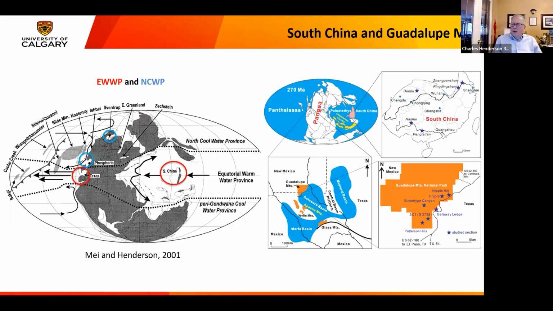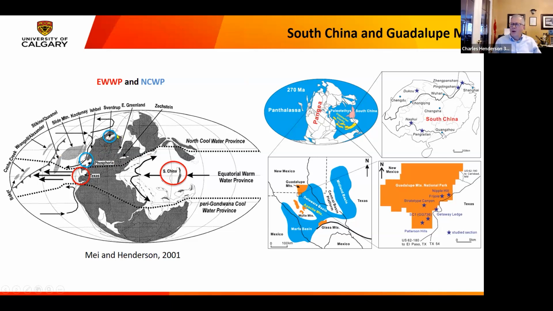Most of the work has been done in West Texas and in South China, and when you're looking at that whole Jinogondolella lineage, that's where you see it. You see it in what Mei and I in 2001 called the Equatorial Warm Water Province. When you go to the north, for example, into the Phosphoria Basin, or even further north, northwestern Pangaea into the Sverdrup Basin in the Canadian Arctic, where I did my master's and PhD and a lot of subsequent research, things are a little bit different.